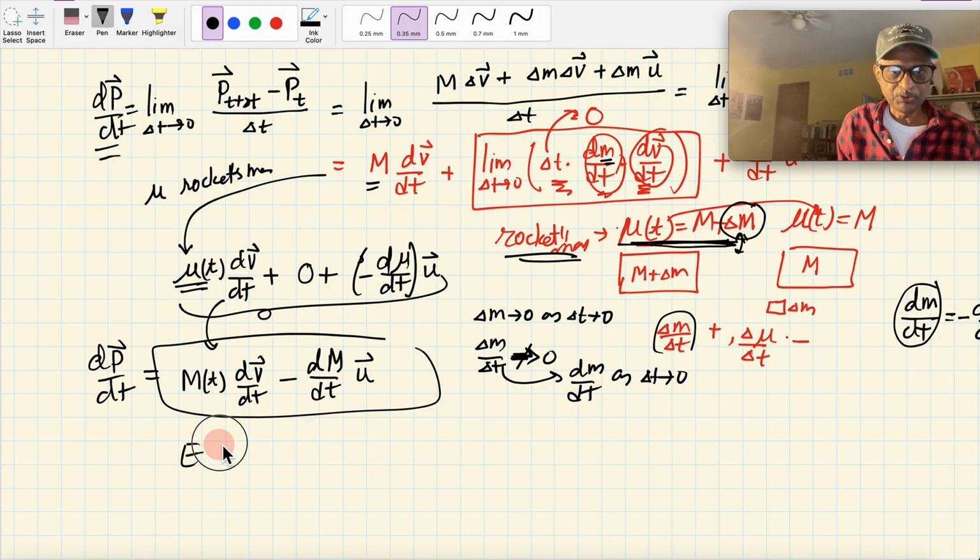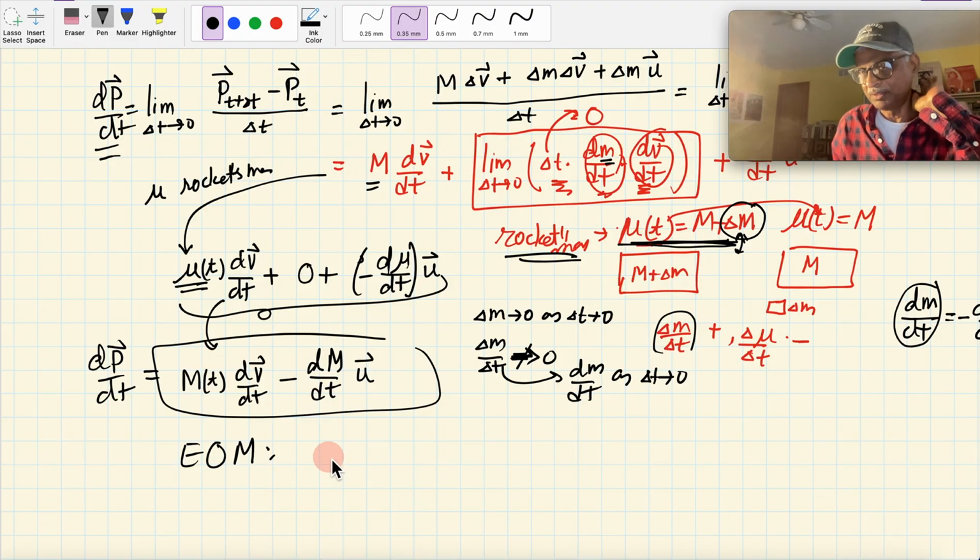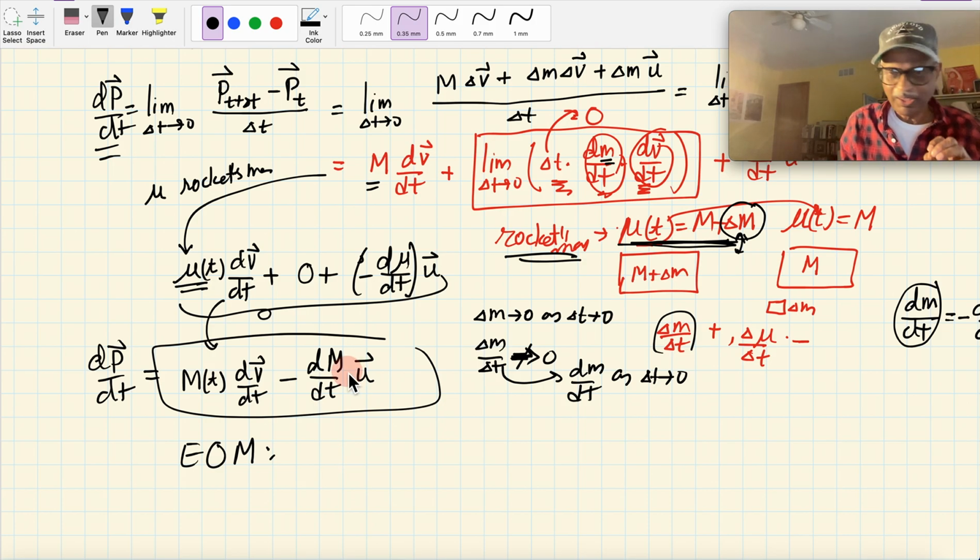So the equation of motion of a rocket, no matter how complicated a rocket is, whether it's Elon Musk's SpaceX rocket, Falcon 9, whatever, it doesn't matter, all of them, the equation of motion is very simple, okay?